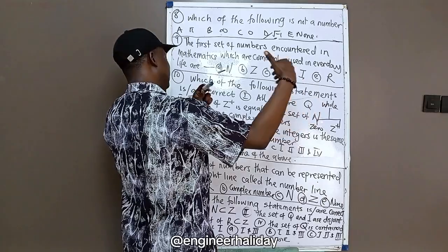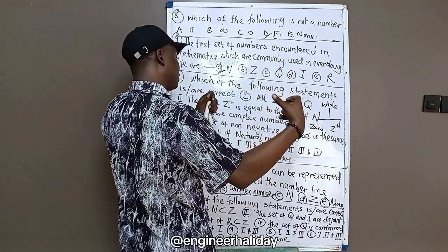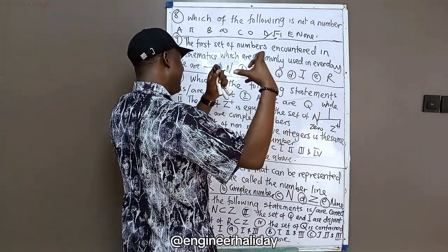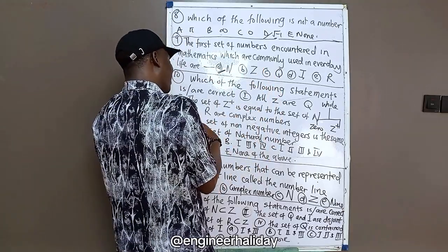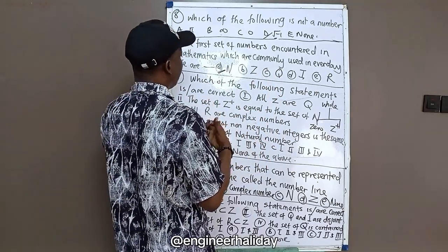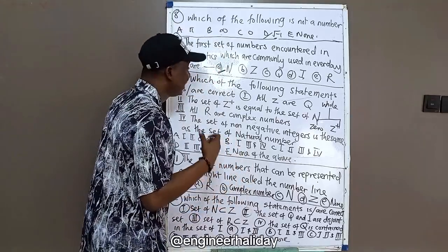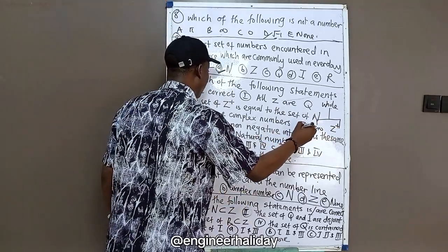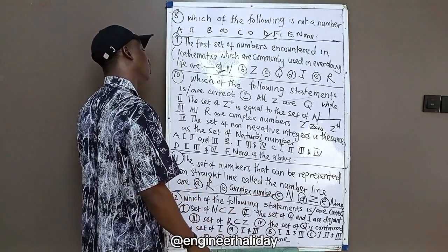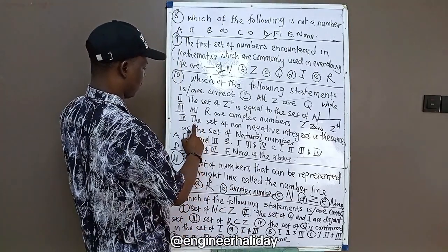Then under integers, I believe you should be able to picture the chart with me. Integer will now have positive integers, negative integers, and zero. So there are three things that make up an integer. Now let's look at the question back.